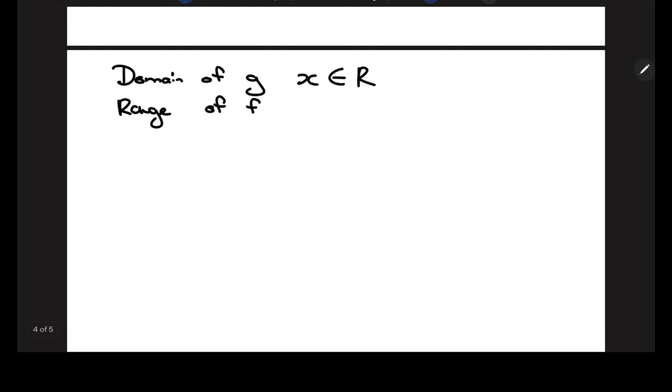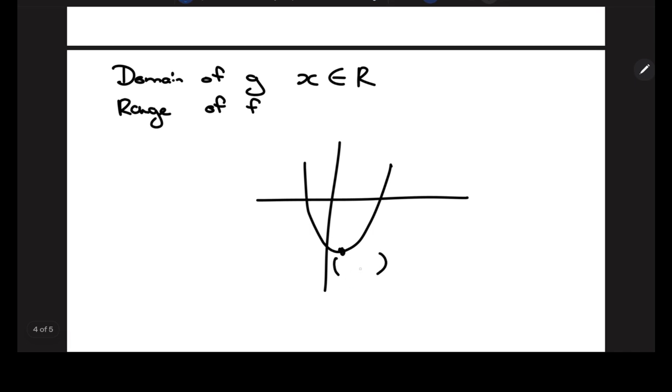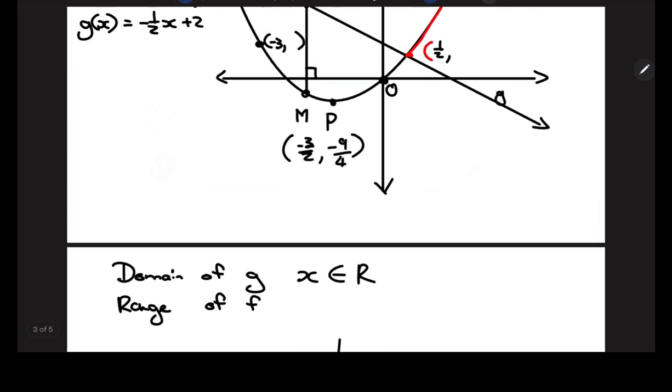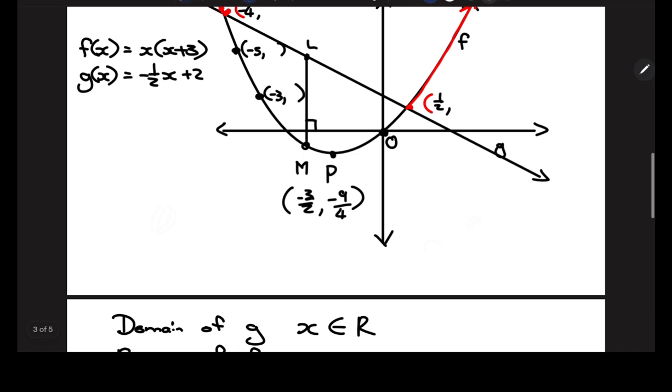The range of f. Now f is the parabola, and my turning point, the y value determines my range. So anything above my y value would be my range. So if I look at the sketch, this is my y value. So it's from negative 9 over 4 upwards.